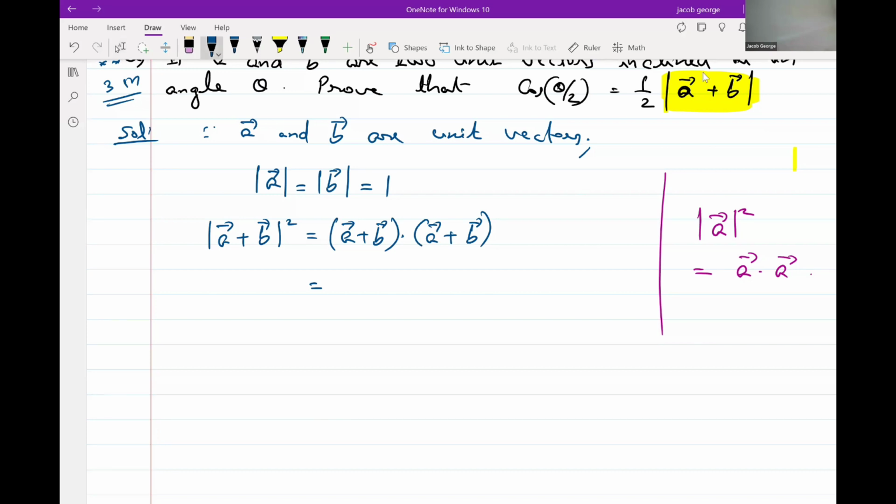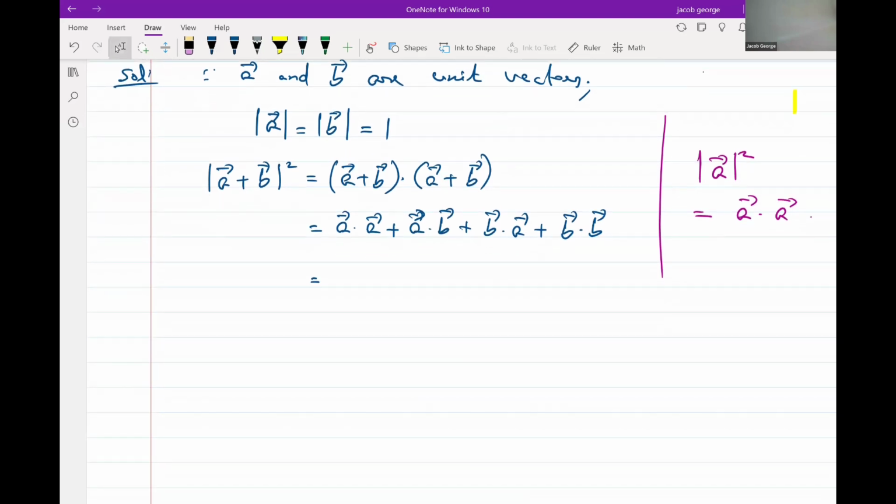Vector A dot vector A plus vector A dot vector B plus vector B dot vector A plus vector B dot vector B. Now, vector A dot vector A is magnitude of vector A square, plus 2 times vector A dot vector B, plus magnitude of vector B square.